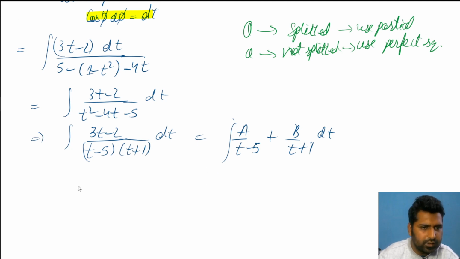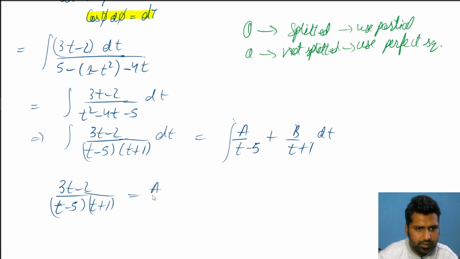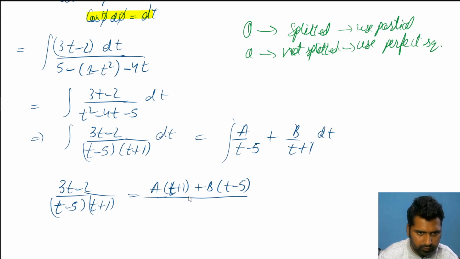Let's do the partial fraction here: 3t minus 2 upon (t minus 5)(t plus 1) equals a into (t plus 1), I'm taking LCM, plus b into (t minus 5), upon (t plus 1)(t minus 5).